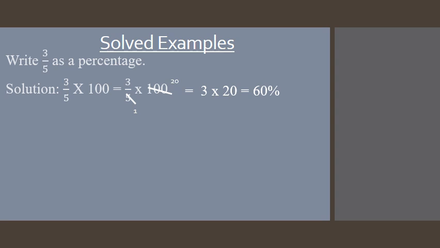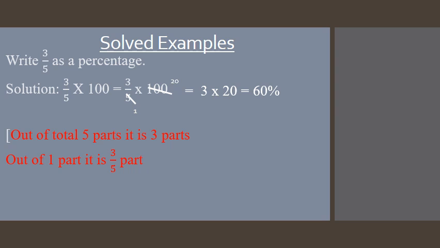Is it clear? And children, why are we multiplying this fraction by 100? Let us understand this. You know children, 3 by 5 means out of the total 5 parts, it is 3 parts, right? So, according to the unitary method, which you have already learned in class 4, out of 1 part, it is 3 by 5 part.